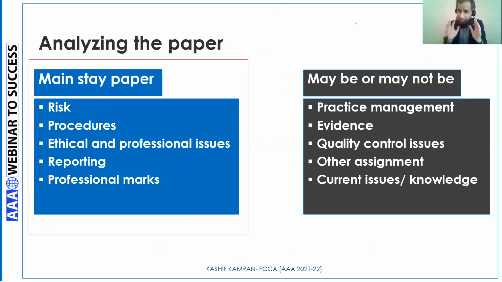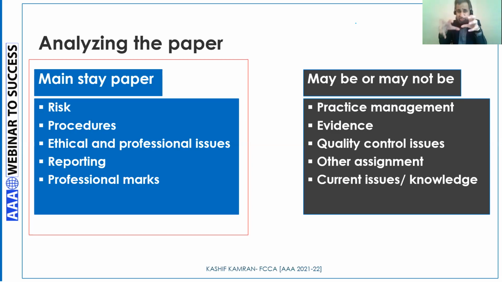When you look at the 100 marks paper for AAA, honestly and with clarity, look at the left-hand side. This is what is ideally in the paper every exam sitting: risk, procedures, ethical and professional issues, reporting, and professional marks.